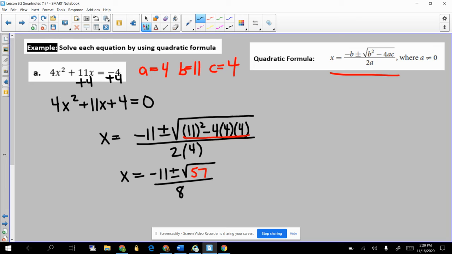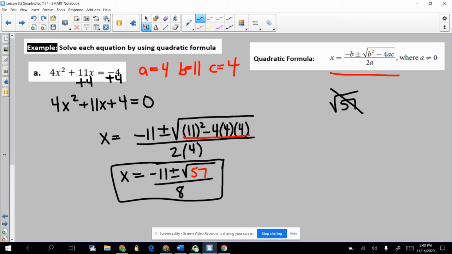Okay. Now you have to think to yourself, does the radical 57 break down? And so if you start thinking of what 57 would divide by, the answer is no. This is not going to break down, so this is your simplest form. So this would be your final answer here. Negative 11 plus or minus the square root of 57 all over 8.